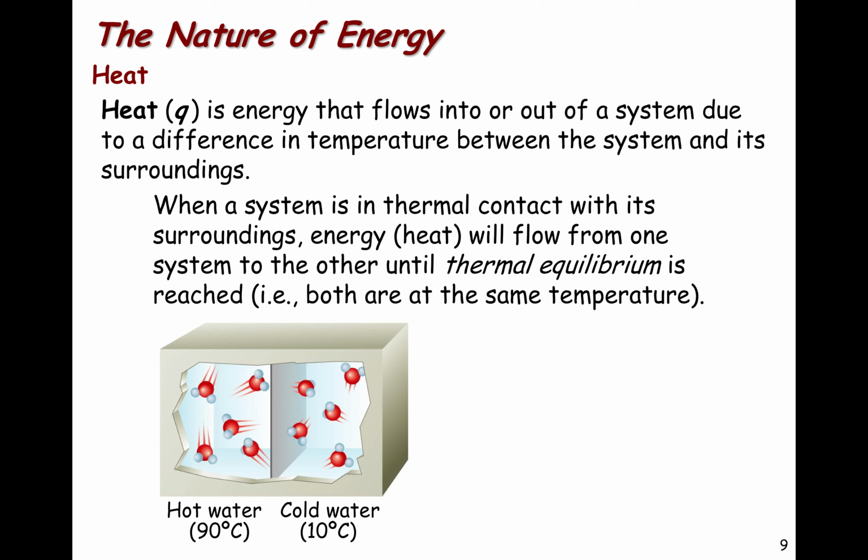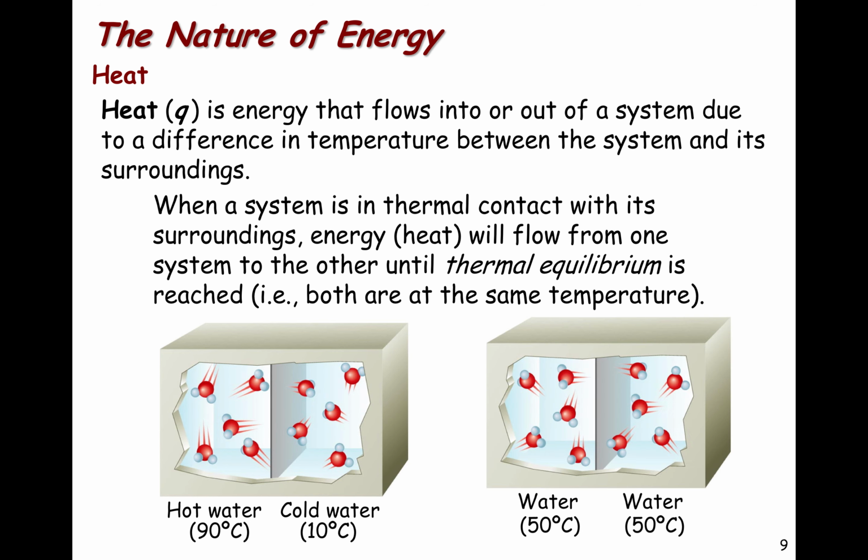And so by having the molecule that is moving faster collide with a molecule that is moving slower, some of that kinetic energy gets transferred over to the slower molecule, making it move faster and therefore increasing its temperature.